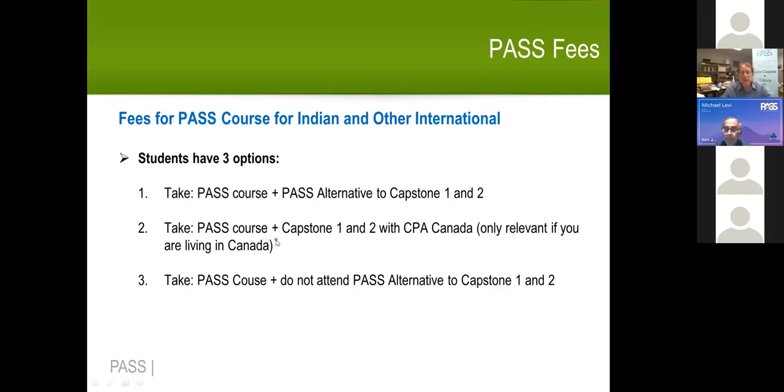Option number 2, you could take the pass course and attend Capstone 1 and Capstone 2. It is optional. You could attend the official Capstone 1 and Capstone 2 like a Canadian student. Now, it's only relevant if you're living in Canada because otherwise you'd have to make about 4 trips to Canada to do that. So if you're living in India, forget what I just said.